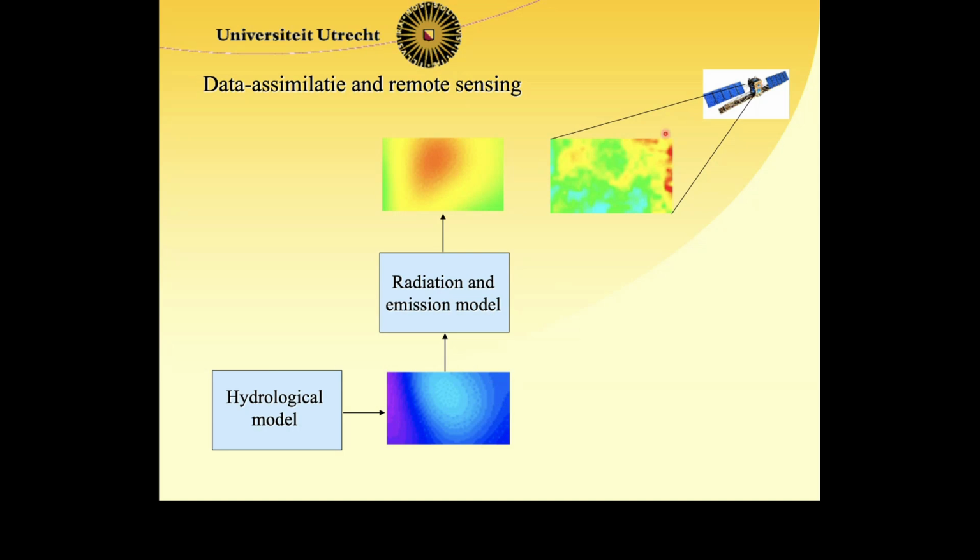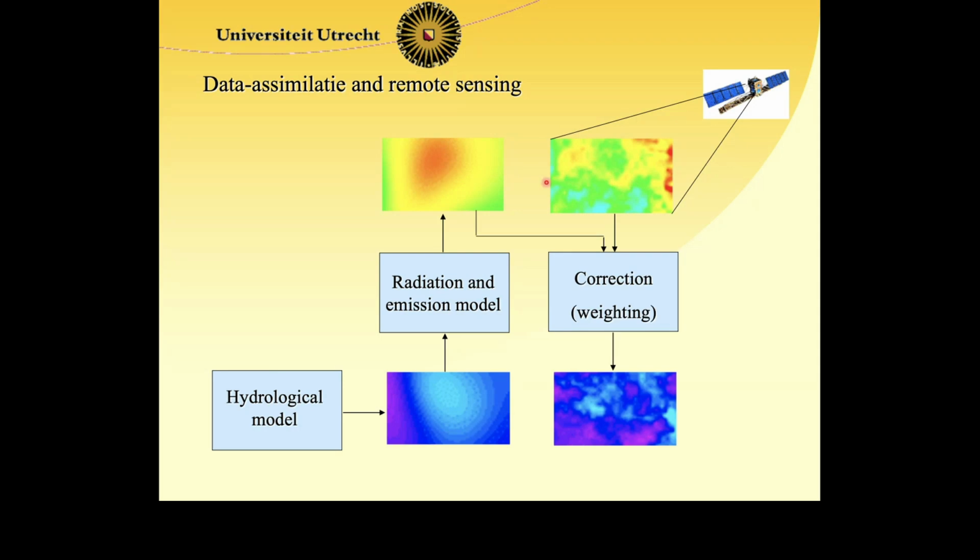So they basically mimic the observation system of a satellite. So you get a simulated satellite observation that is related to the state, of course with some observation error as well. Now, these two are then compared to calculate a Kalman gain or any optimal weighting to get an updated state.